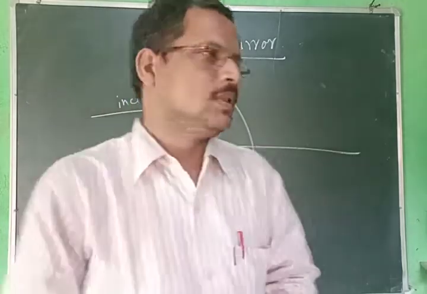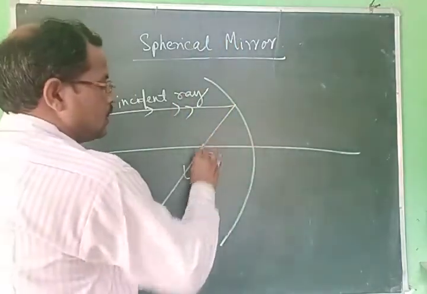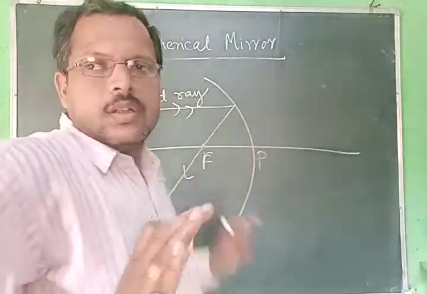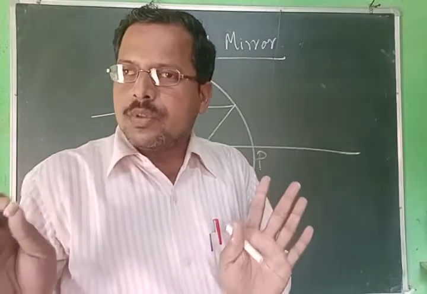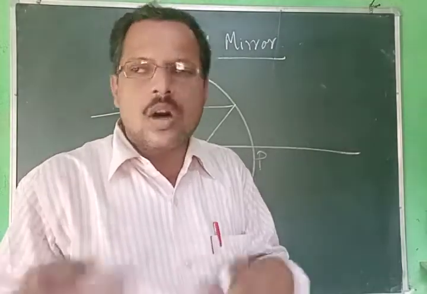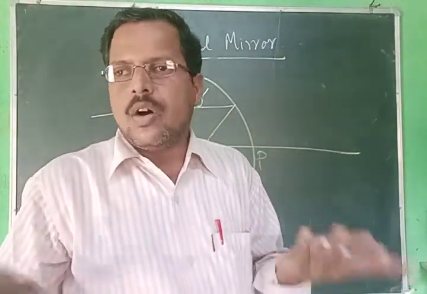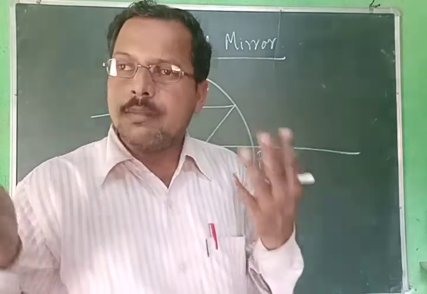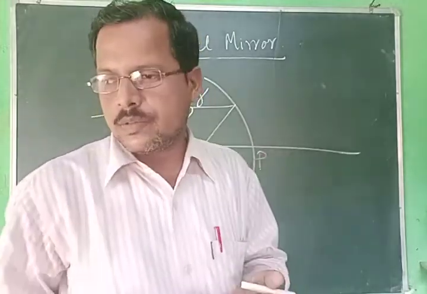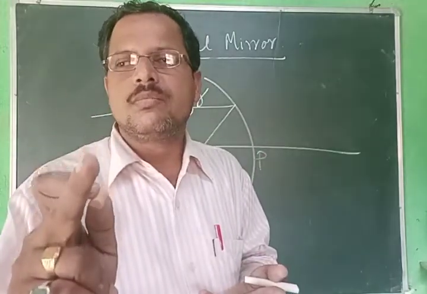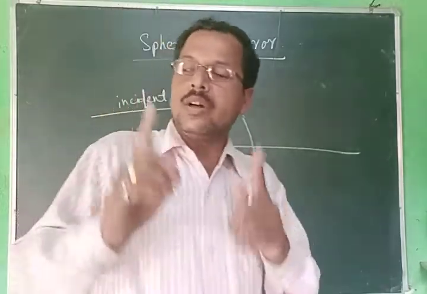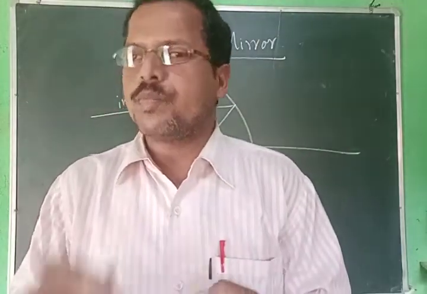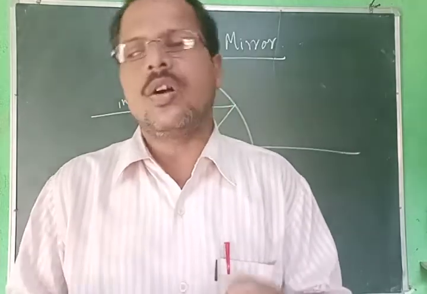Okay, so this is the principal focus. And remember, in the case of a spherical mirror or lens, the measurements are always done from the pole. We always measure the distances from the pole, either to the left side or the right side.